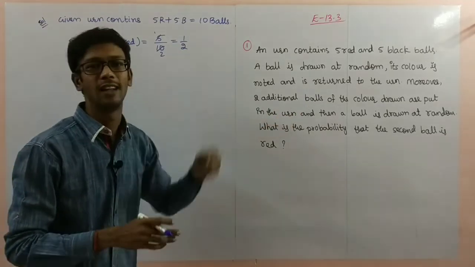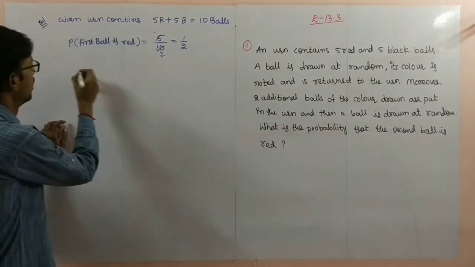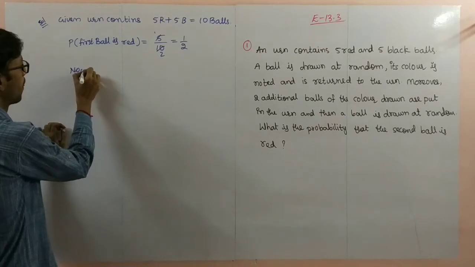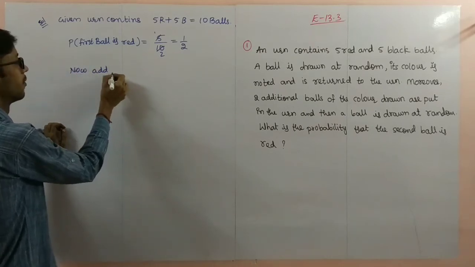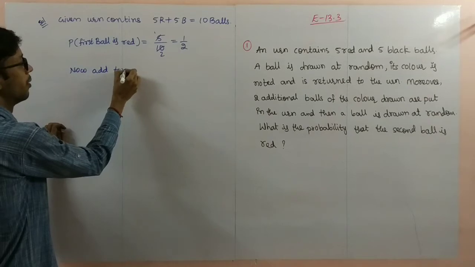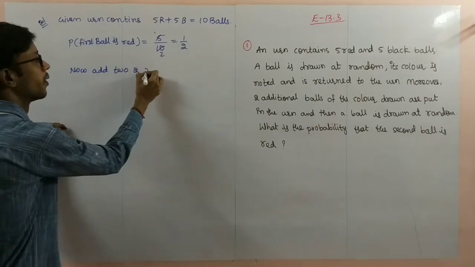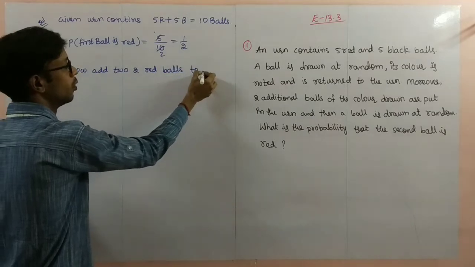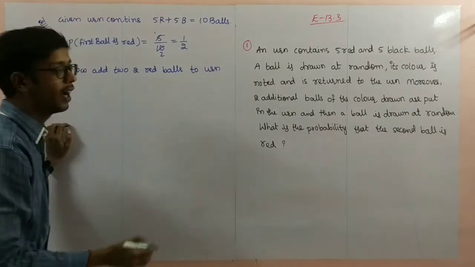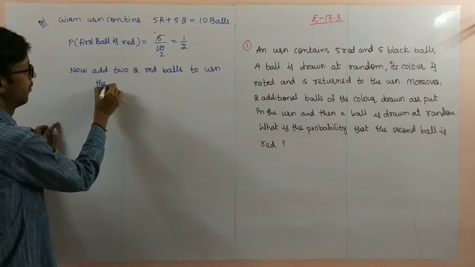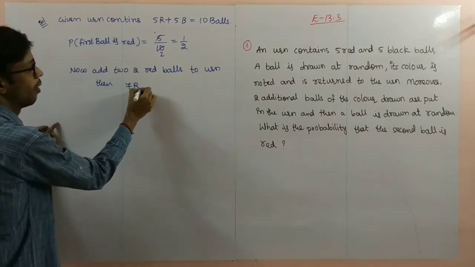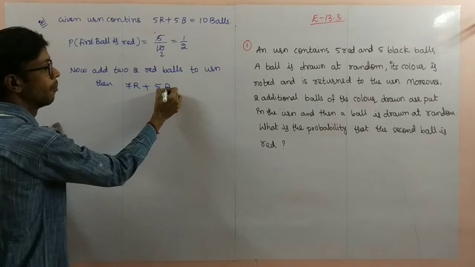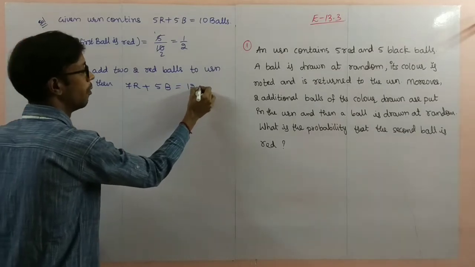Again 2 balls are added to the urn. Add 2 red balls to the urn. What you'll get that time? Then 7 red balls plus 5 black balls, that is 12 balls.